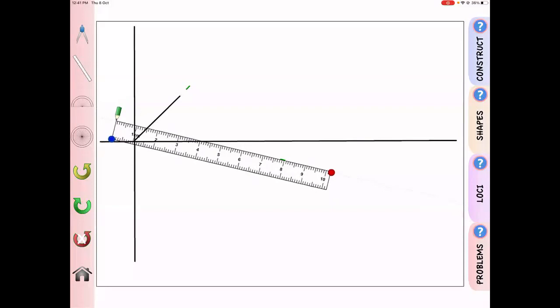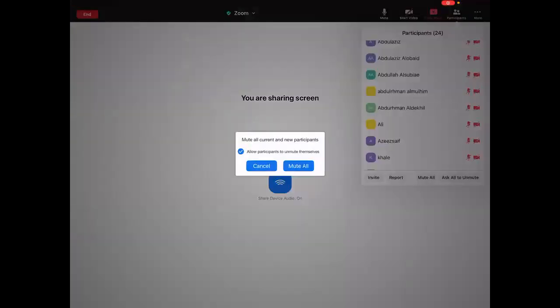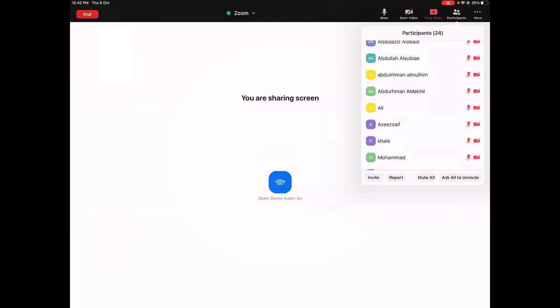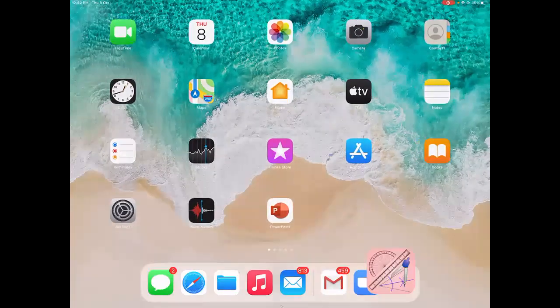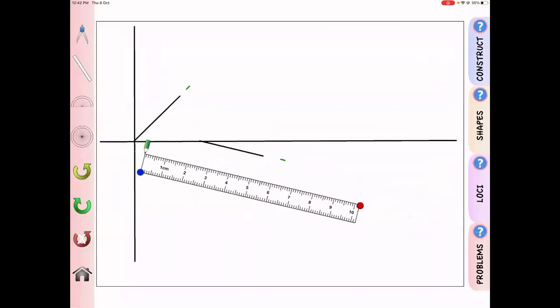It's a little bit difficult. Let's say this is the second position. For the third position, let me take a certain angle here.